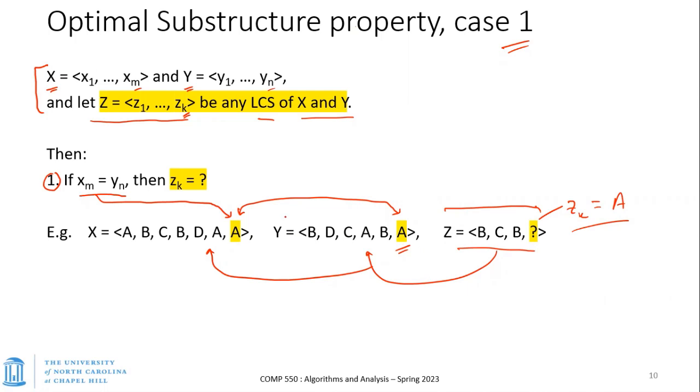So if they're both the same and Z is the longest common subsequence, and you already know that the last characters of these two strings are the same, then naturally the last character of your LCS will be equal to the last character of these two common strings. Does everybody see that? Okay, so hopefully that's clear. So that was the first thing.